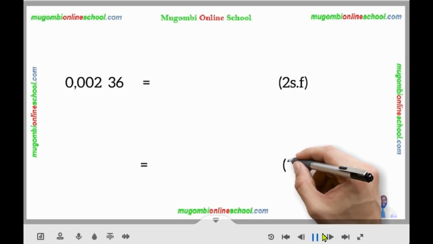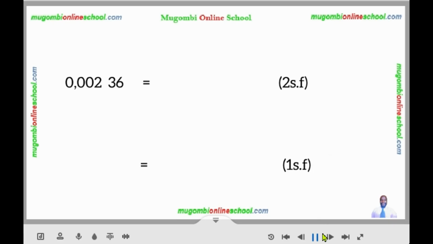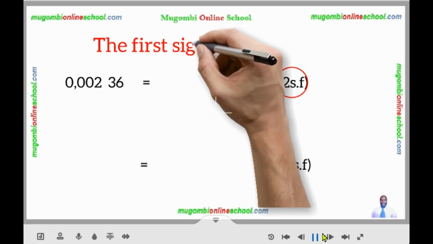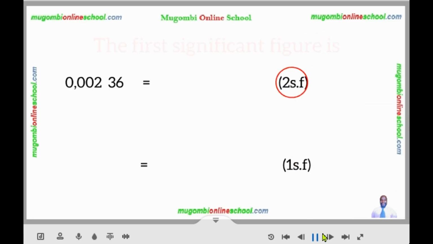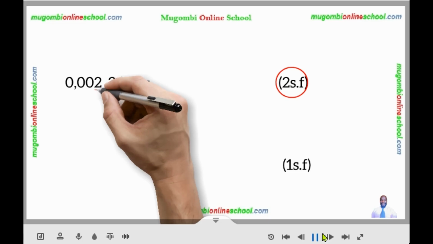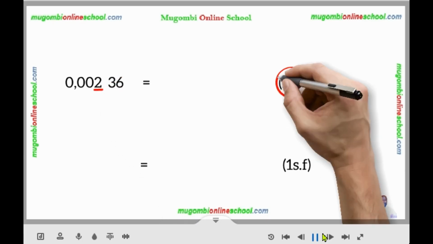0.00236 to 2 significant figures, and then to 1 significant figure. All right, I think you got it right. Let us revise to 2 significant figures. The first significant figure in this case is 2, which is the first non-zero digit, right?